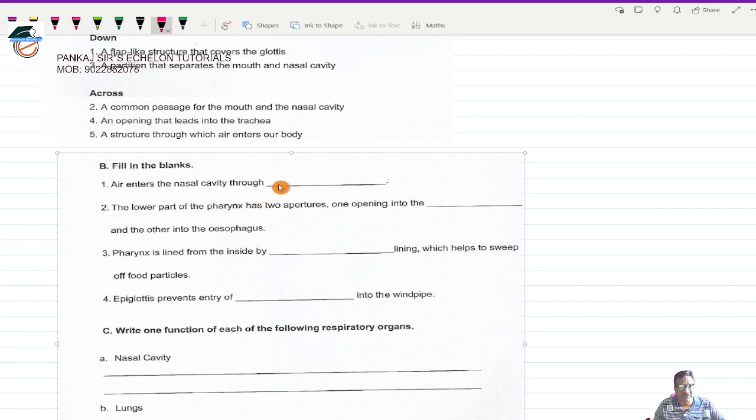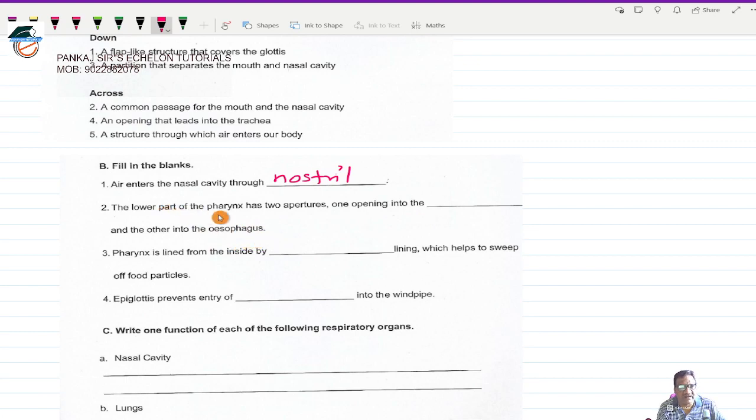Just now we talked about it. It enters through nostril. Next is: the lower part of the pharynx has two apertures, one opening into dash and the other into the esophagus.